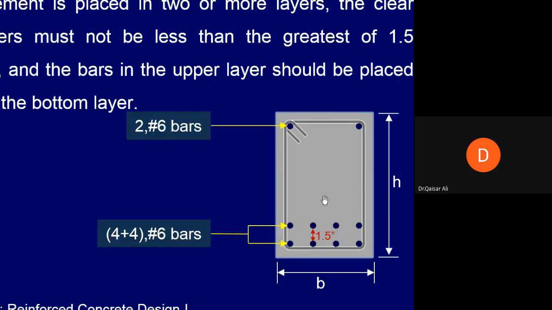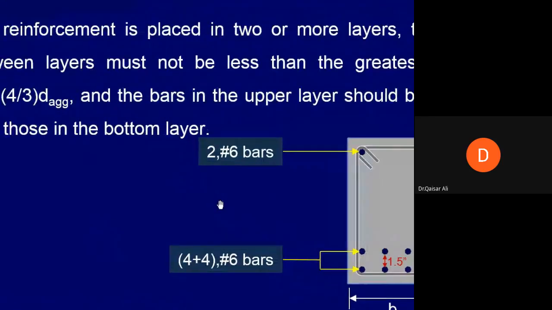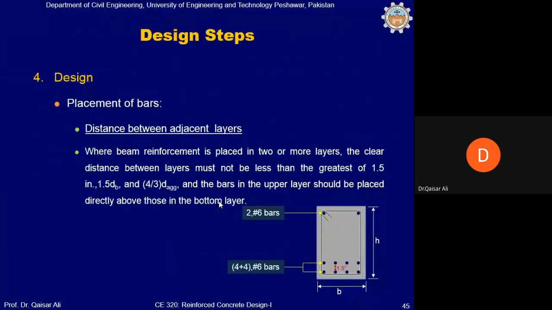This is the centroid of this beam. If you place 1 bar on one side of the centroid, then the area of steel on one side of the centroid will be less and the other will be more. So instead of 3 bars, we will place 4 bars, rounding this up, and the 4 bars will be placed like this. All these placement requirements must be fulfilled, because these are the requirements of the ACI code.